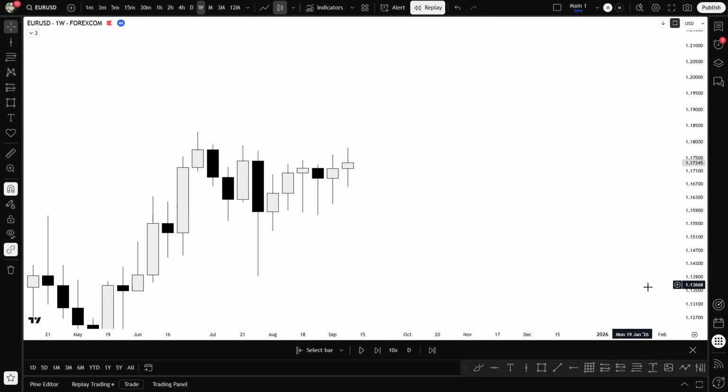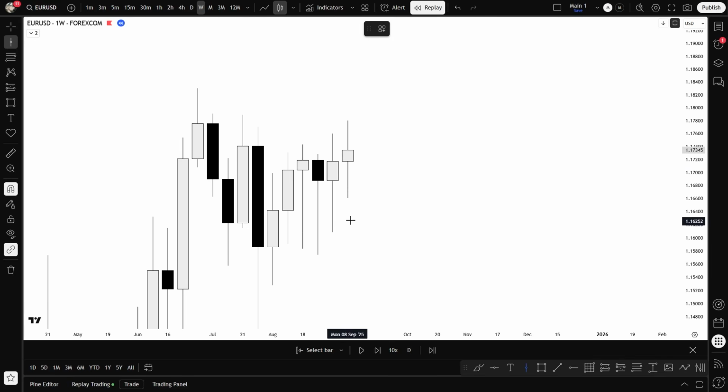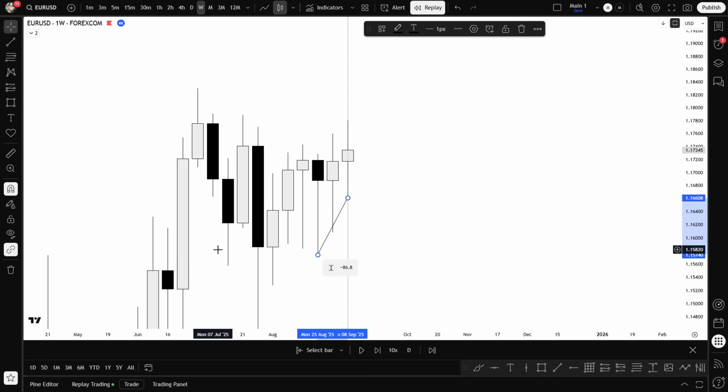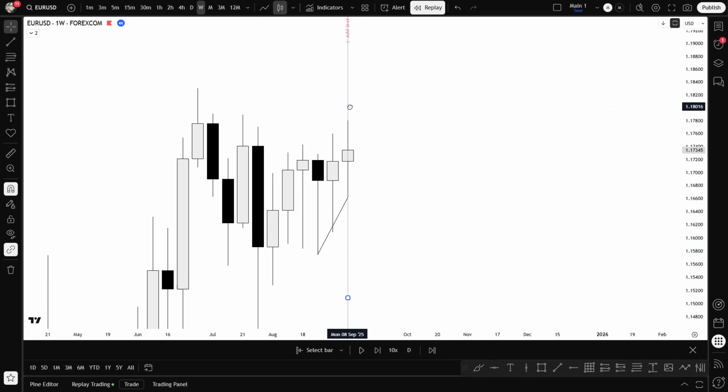So if you go to EU, we can see that we have a week one SMT, right? So GU dropped below this low, so an SMT, which means we can also expect a weekly expansion. Oh, sorry, this is the SMT here, which means we can expect this week to be an expansion candle, and the drawn liquidity is still here.